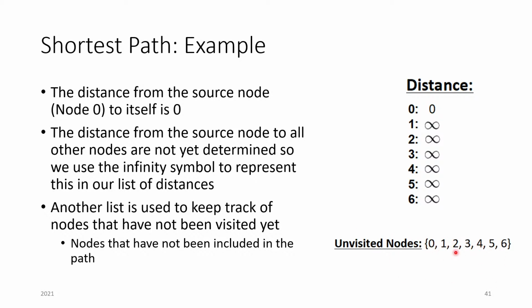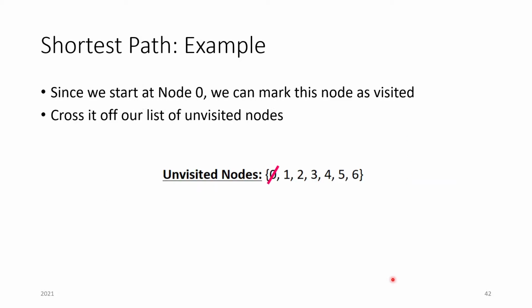That way we don't have to keep searching throughout the entire list, optimizing our search and performing it even faster as we go on to successive nodes in our graph. Since we're starting at node 0, and node 0 to 0 is just 0, with no set distance because this is our start point, we mark this as visited and immediately remove it from our list of unvisited nodes.